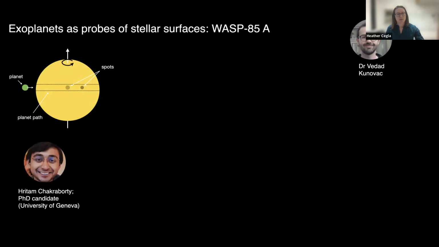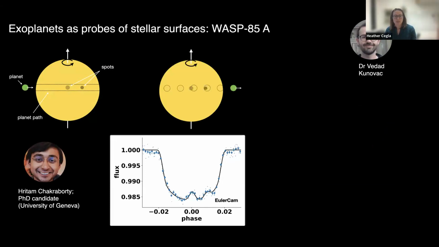Hritam has kindly modeled the photometry for us, and it looks like we do, on at least a couple of the nights, occult star spots this time. This is the star spot model he comes up with for one of the nights, and this is the corresponding EulerCam photometry, where you can see quite strong evidence for a spot occultation.